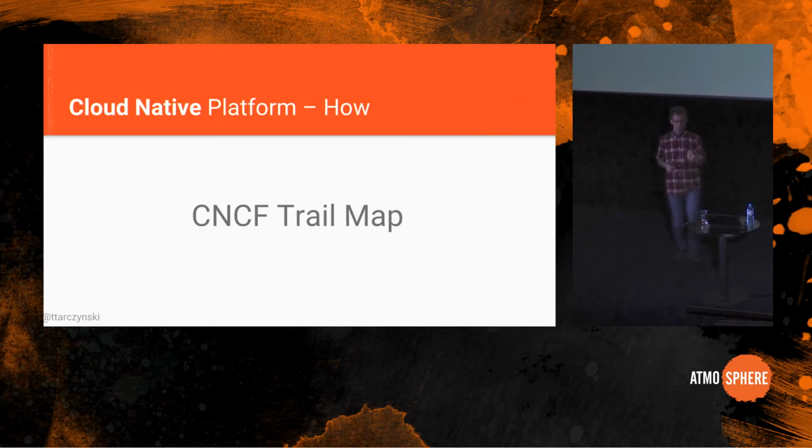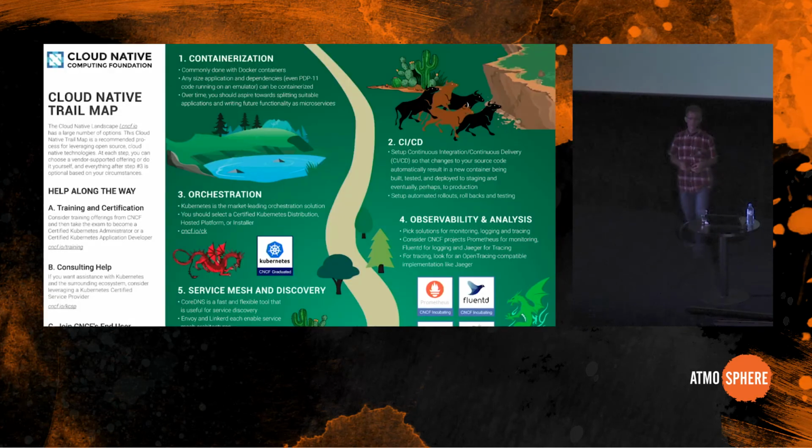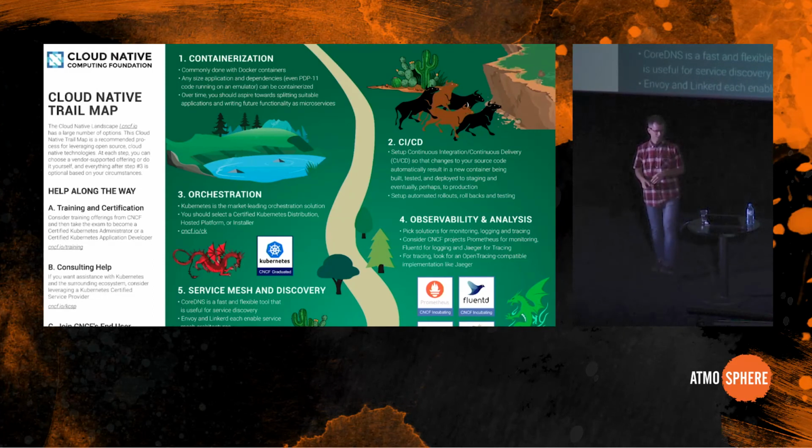And how do we try to approach this learning? As we are in the process right now, what do we have? We found this Cloud Native trail map from the Cloud Native Computing Foundation, which is a very nice guide into how to go through all the different ideas, technologies, and so on.